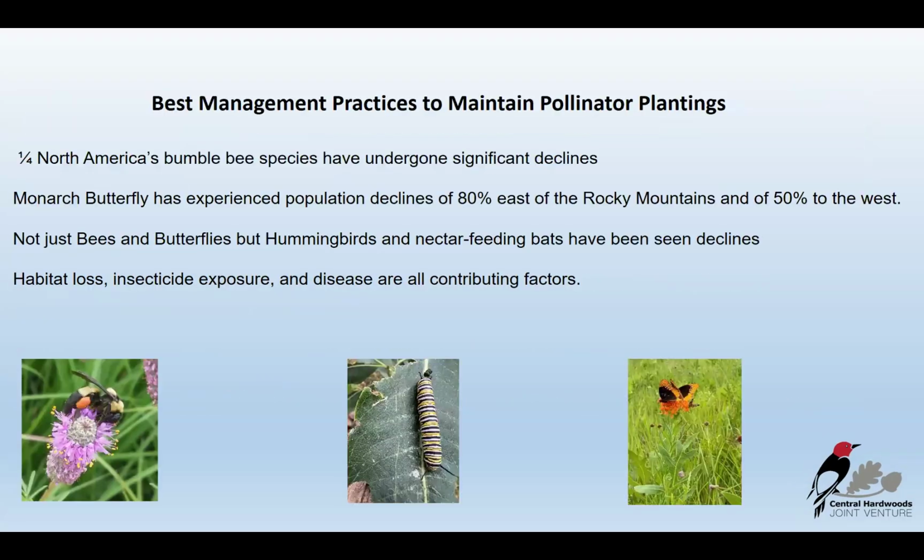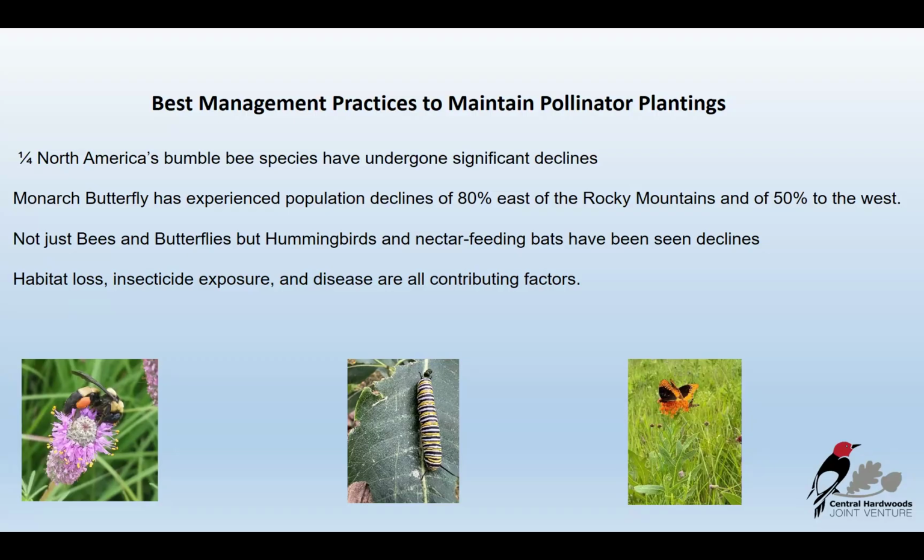So at least 25% of North America's bumblebee species have undergone significant declines, including the rusty patched bumblebee, as Dave mentioned. They were formerly common and widespread, but through habitat loss, insecticide exposure, and disease, all contributing factors. Similarly, butterflies have undergone significant declines, and I won't get into that much other than, as we talk about the monarch butterfly, it is found across North America.